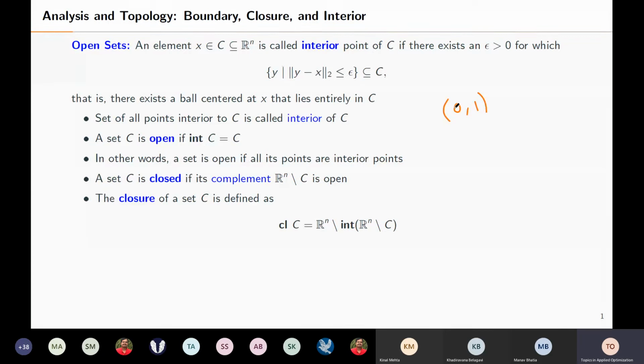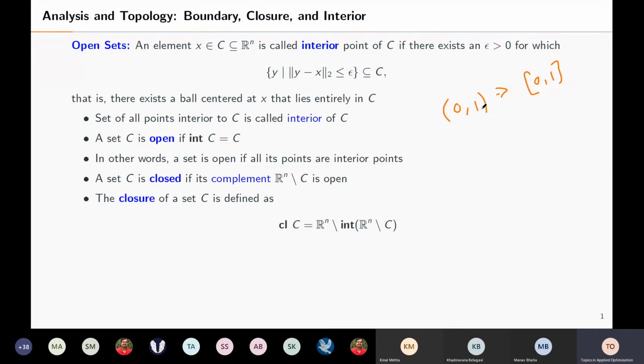Well, the closure will be the one that includes the boundary points basically. So the closure of this will be [0, 1]. Basically, you have to include the points which are on the boundary.